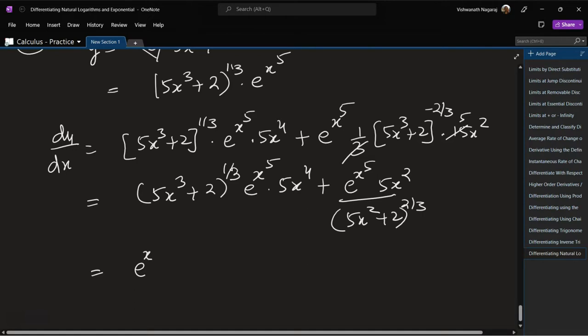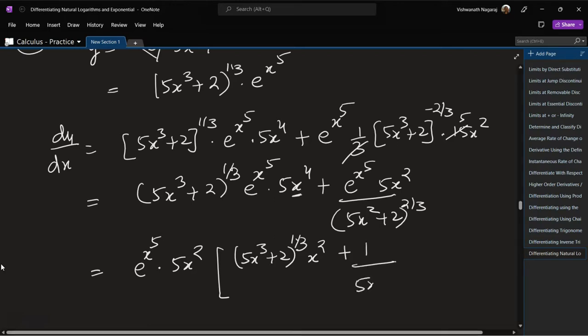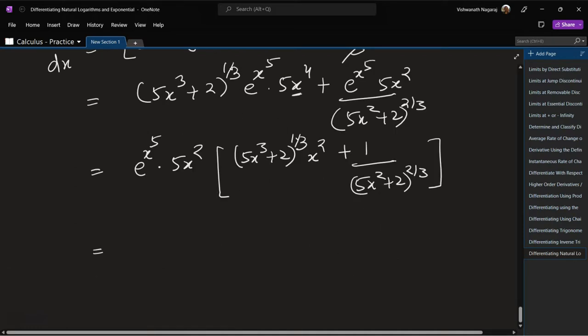So e to the power of x to the power of 5 is common, 5x square is common. Now, what is left? What is left is 5x cube plus 2 to the power of 1 by 3 and x square is remaining plus 1 by 5x cube plus 2 to the power of 2 by 3, which is equal to e to the power of x to the power of 5 times 5x square.